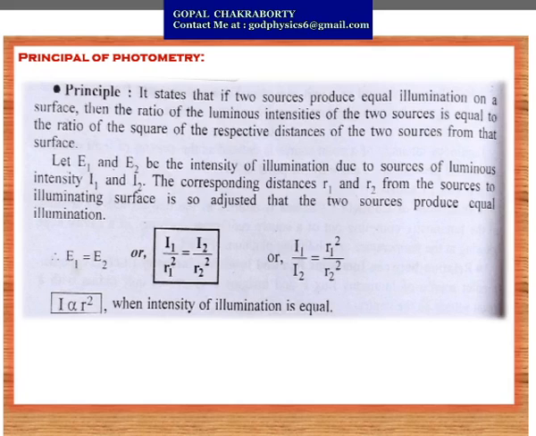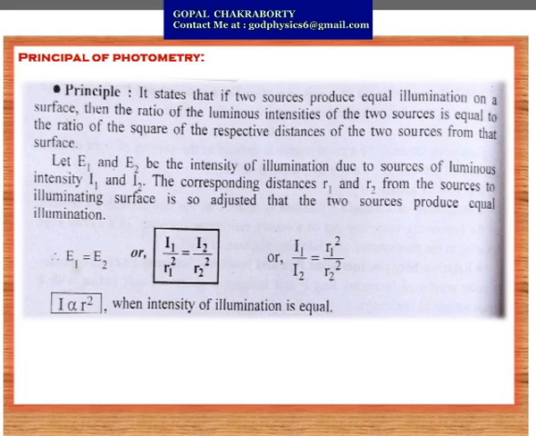It means E1 will be equal to E2. Now you can put in the value of that intensity, so I1 by R1 square is equal to I2 by R2 square, or I1 by I2 is equal to R1 square by R2 square. So that means you can write that the luminous intensity is directly proportional to the square of the distance.